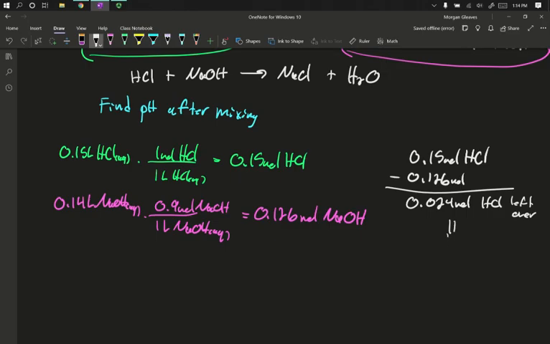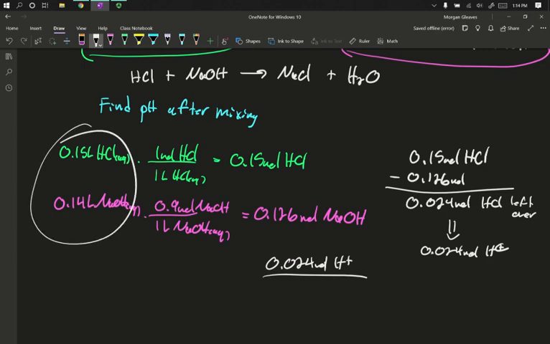That's going to translate into 0.024 mole of H plus, because all of the H plus on HCl will break free. And so we have that much H plus in our volume, 0.024 mole of H plus. Our volume, well, we added these two volumes together, so it should be about 0.29 liters total volume.